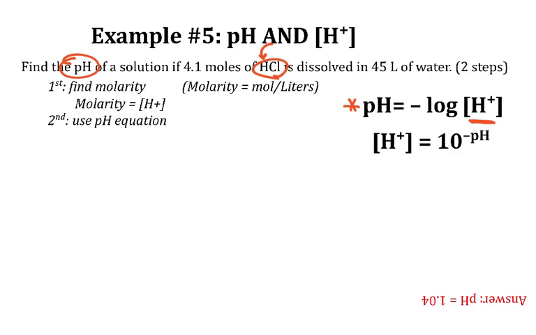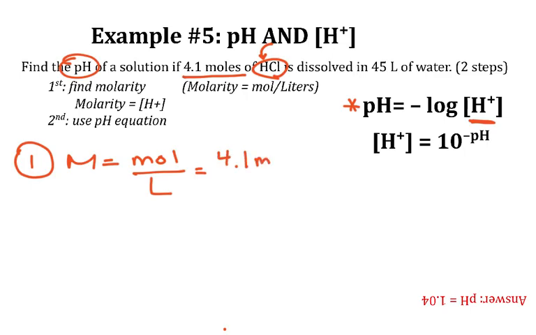So let's first find the concentration of the solution. How much HCl do we have? Going back to last unit, molarity is moles divided by liters. So I know I have 4.1 moles of my acid in 45 liters of solution, which means I'm going to get 4.1 divided by 45.